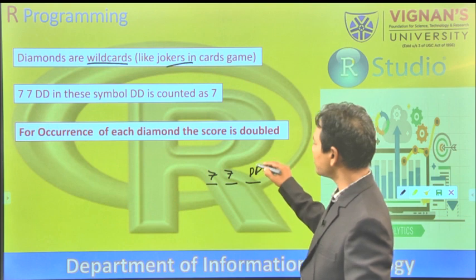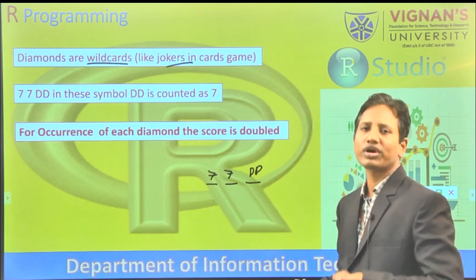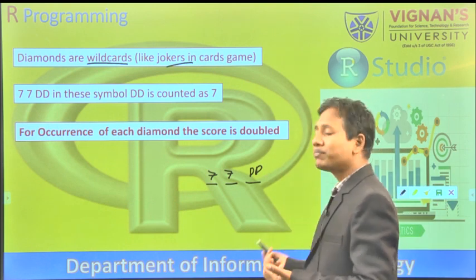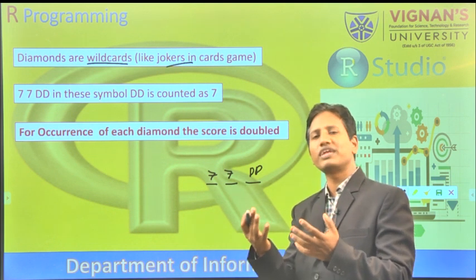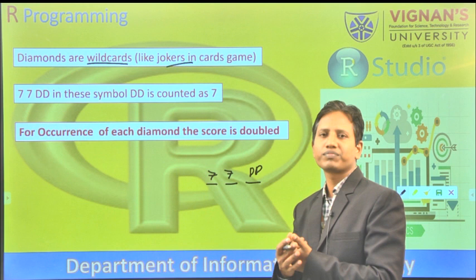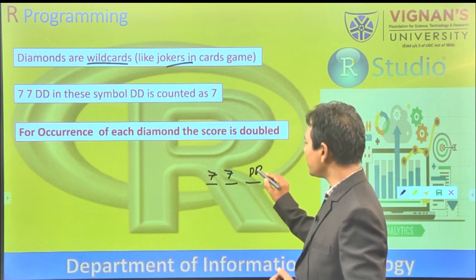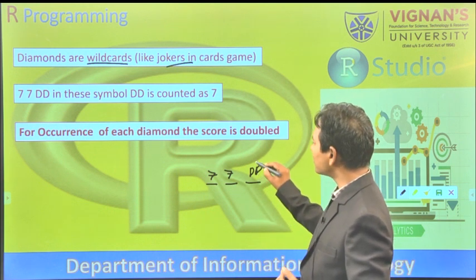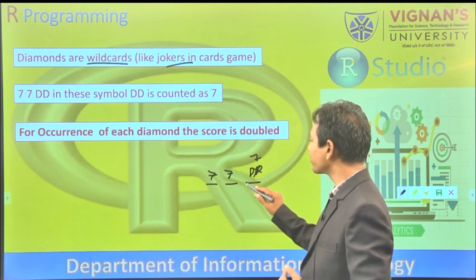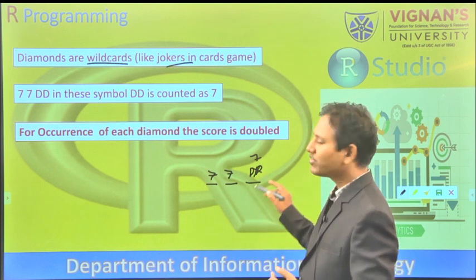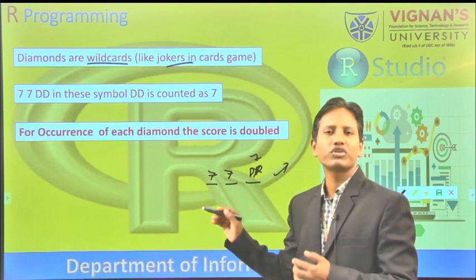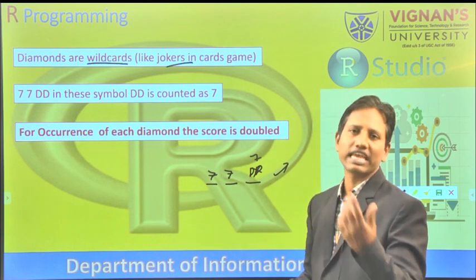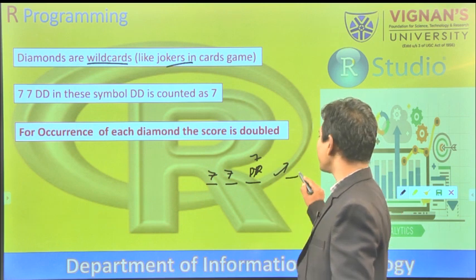Here DD is a wild card, that's nothing but a joker. In playing cards, a joker is represented as, or filled in as, that symbol. So here this DD is assumed as 7 only, and it will be given the prize money of 777. How much amount is given for that? That's 80.